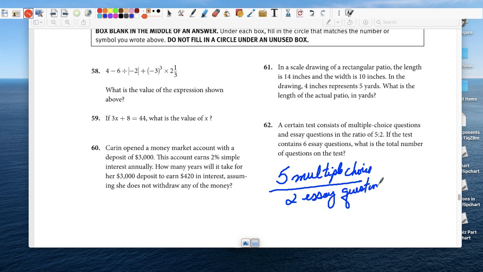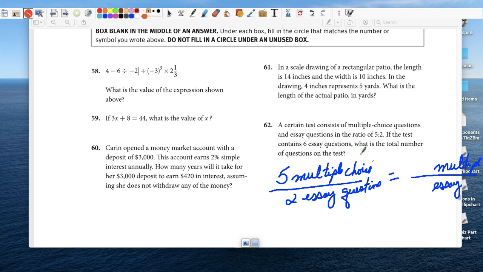Okay, that's the ratio. If the test has 6 essay questions, again, set up a proportion. At the bottom it's going to be essay questions, so I'll just write essay, and at the top it's going to be multiple choice. This way, you never get confused as to who's who and what's what.